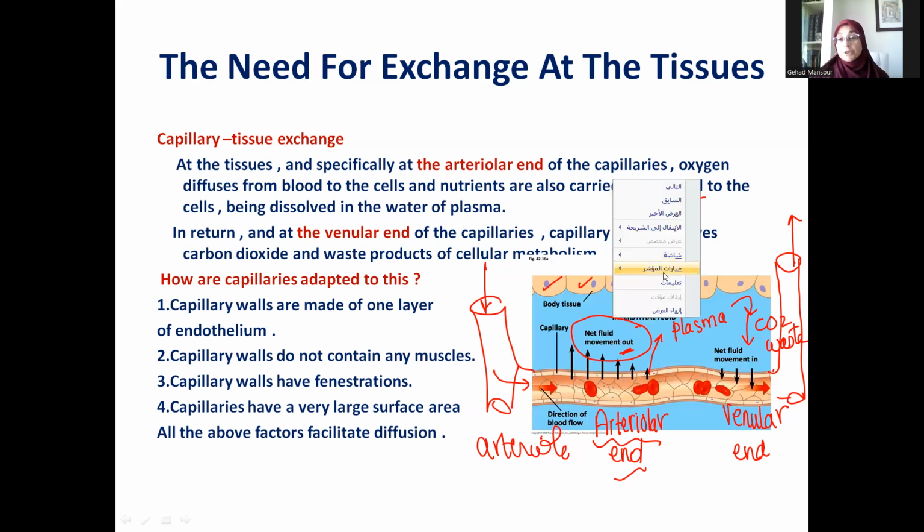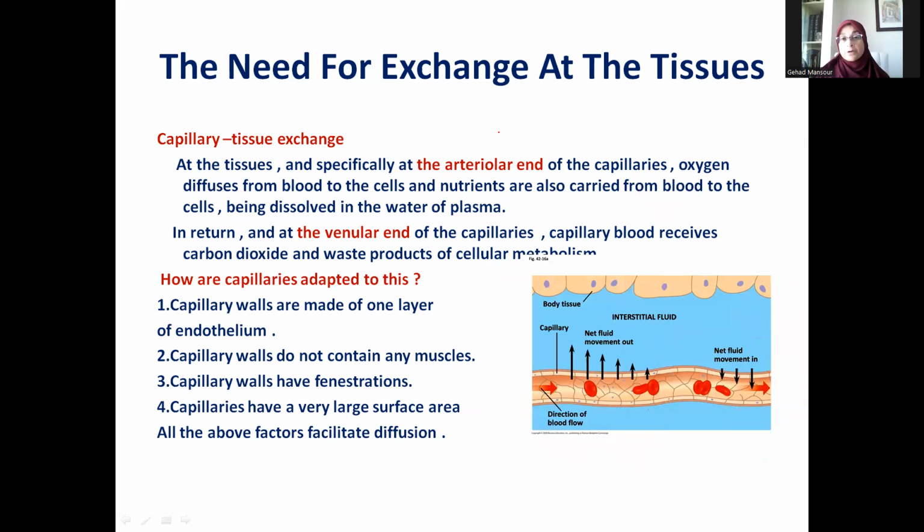The process of exchange requires the blood capillaries to be thin-walled, because if you have a blood capillary like this one, these are the endothelial cells that line the wall of the blood capillary, and here is the blood.